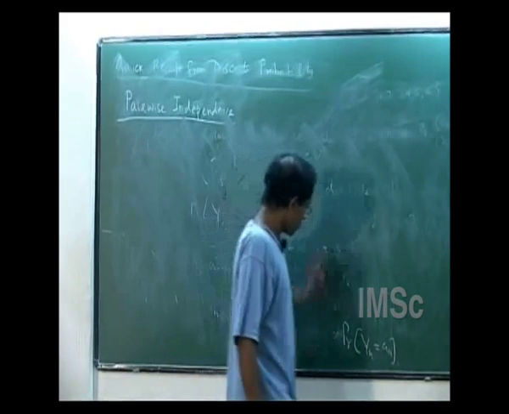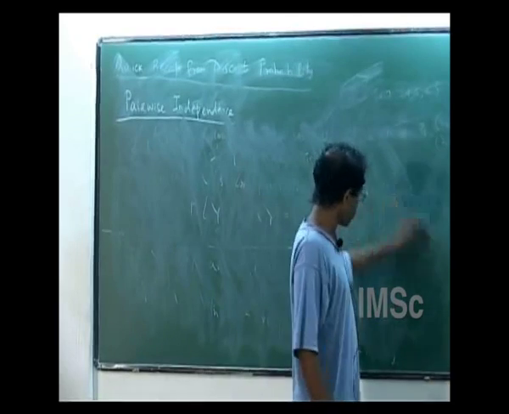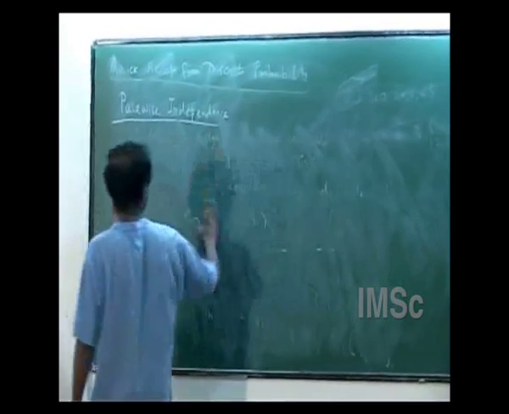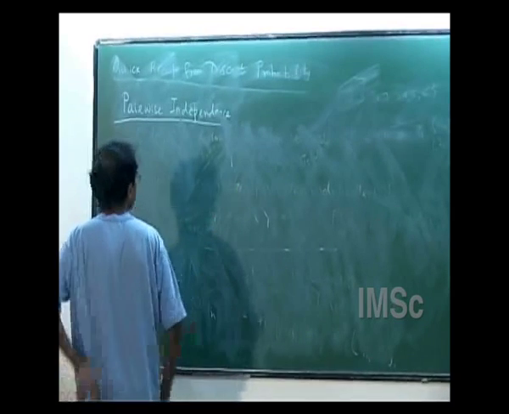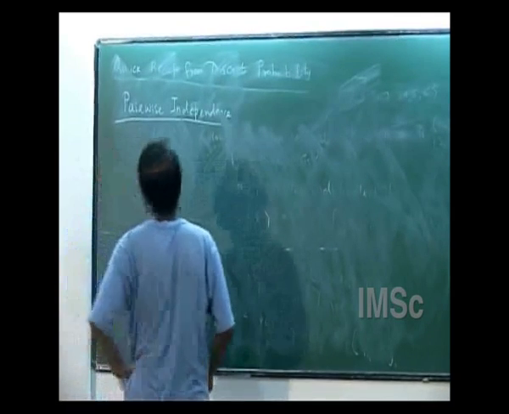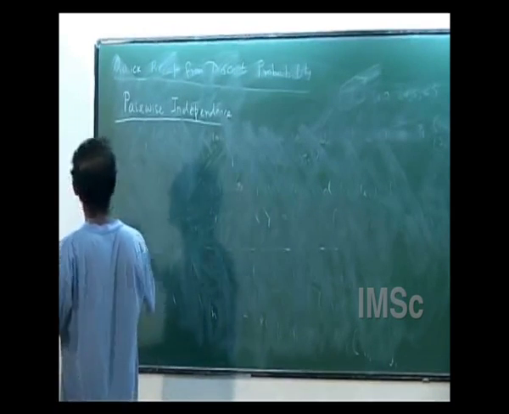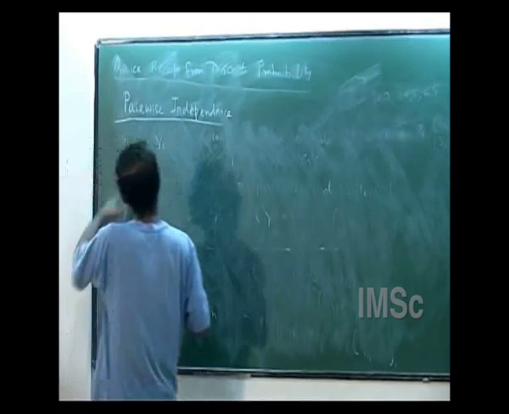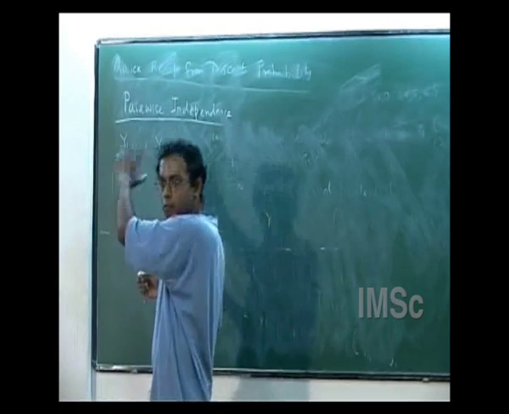So we will rather solve the general problem of how to produce n random variables y1 to yn that are pairwise independent. We will solve the general problem.